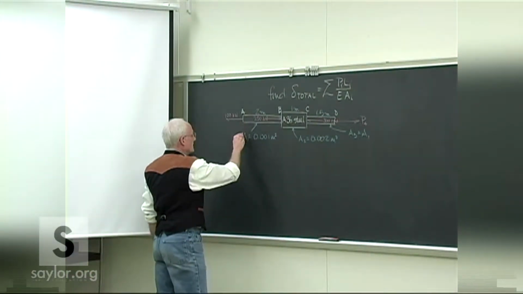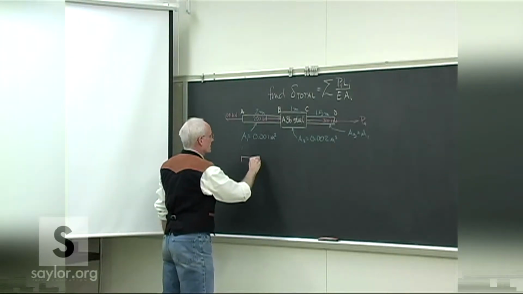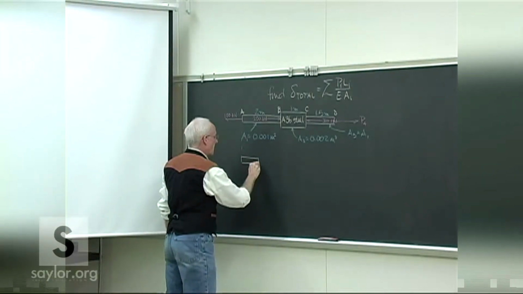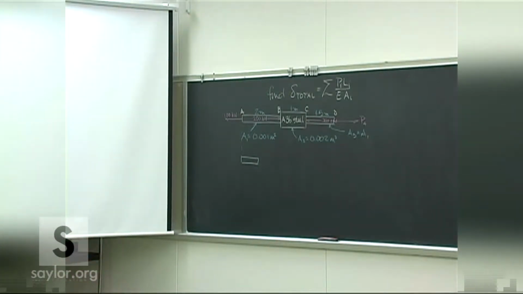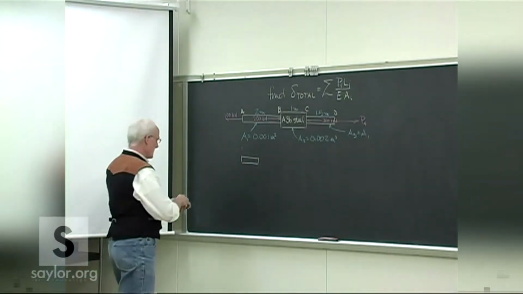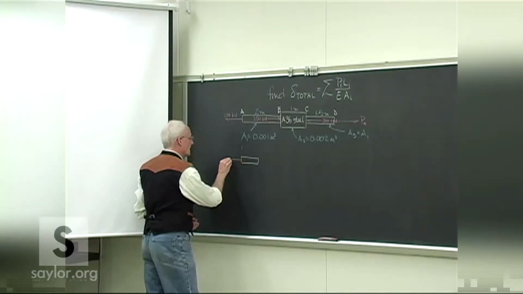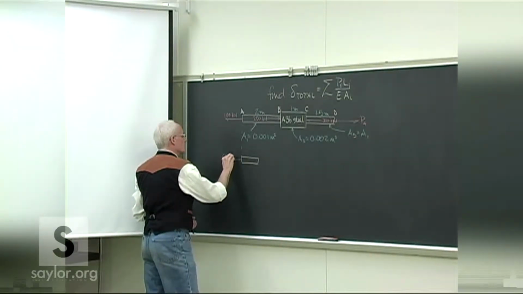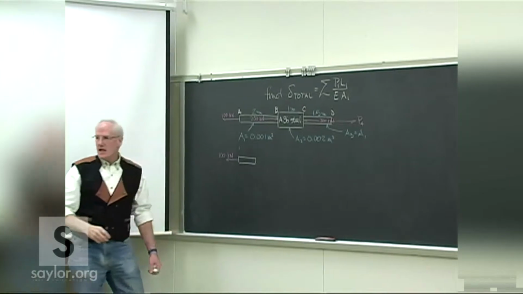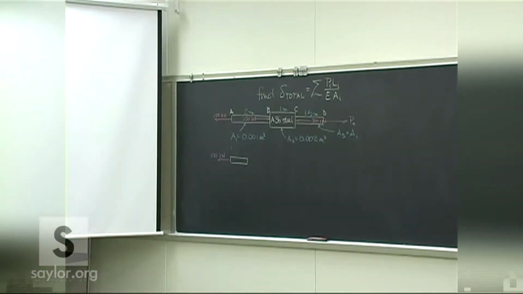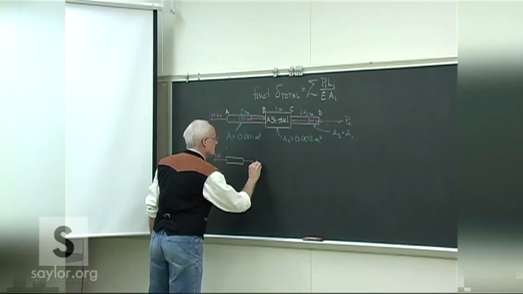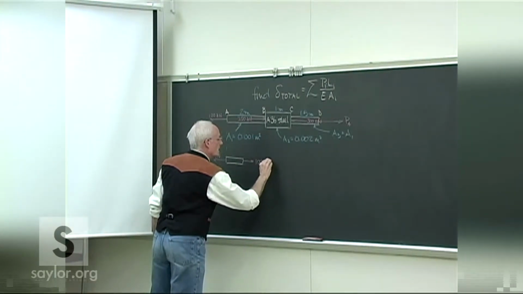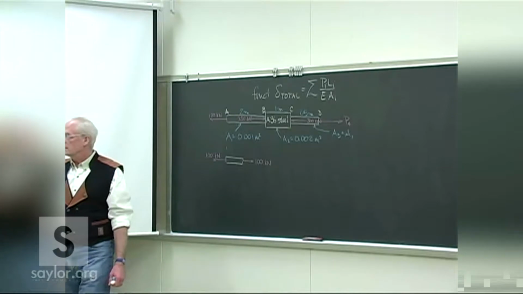For example, we can take the first section, put an imaginary cut midway through the piece somewhere, and very quickly determine that anywhere along that first piece, A to B, there must be an internal axial load of 100 kilonewtons.